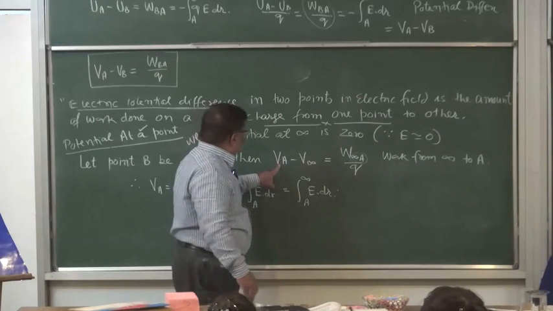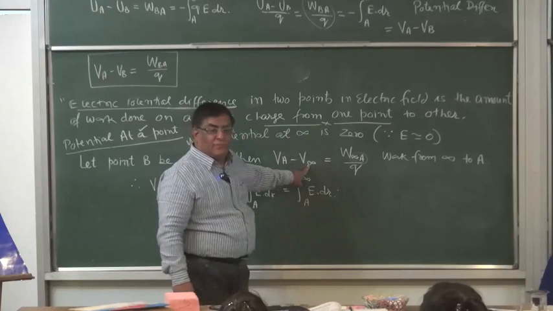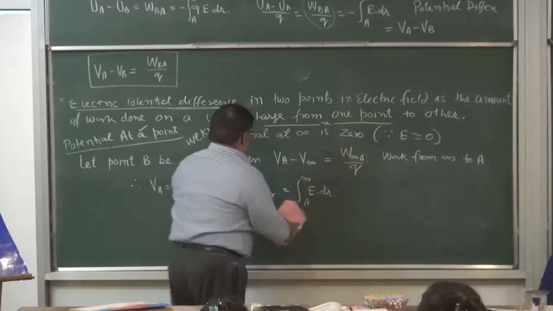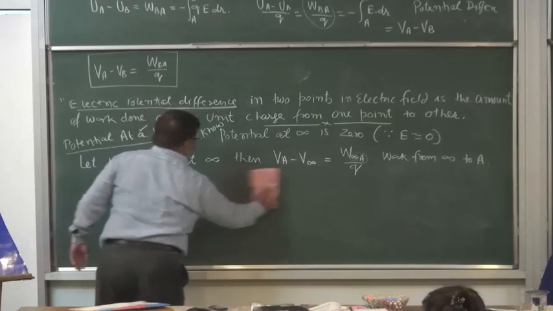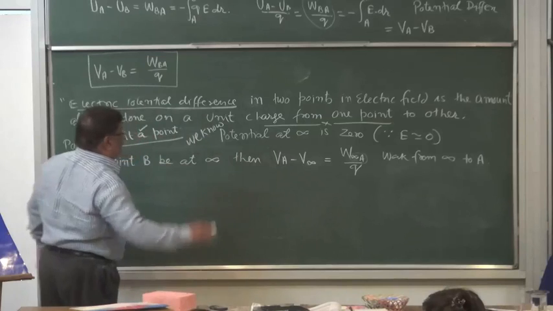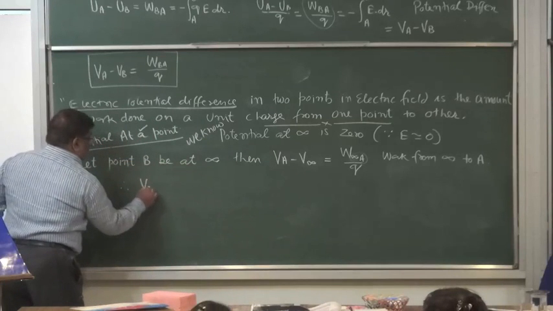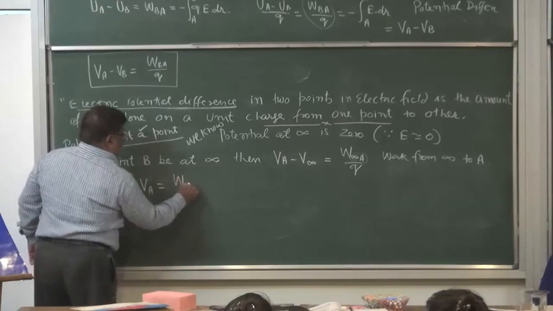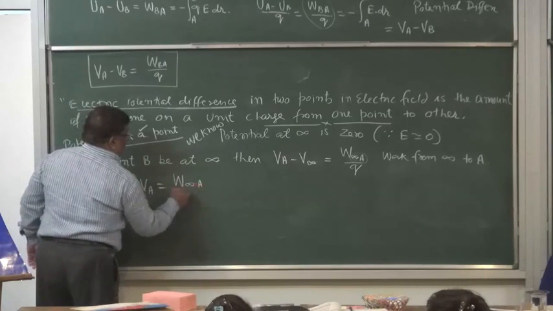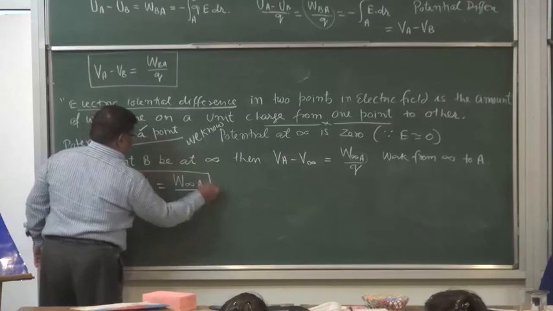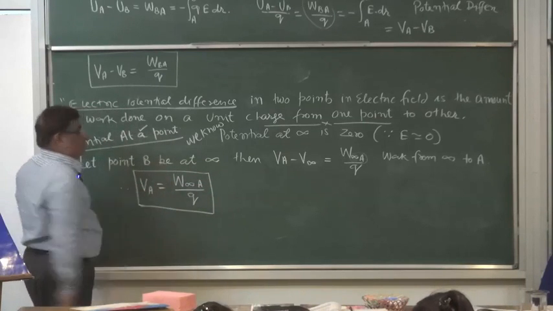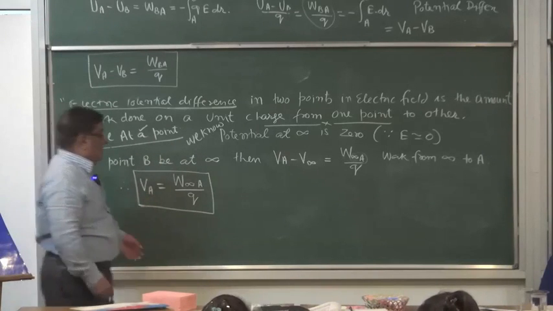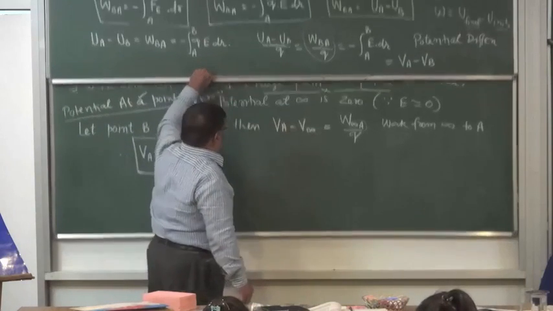Potential difference point A to infinity, but we know that V infinity is how much? 0. If V infinity is 0, then what can we write? VA is equal to how much? This. Potential at a point. And now we will write the definition of potential at a point.